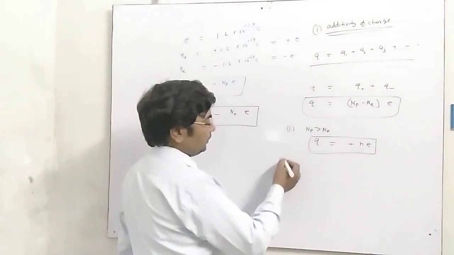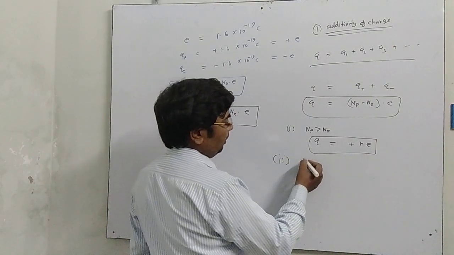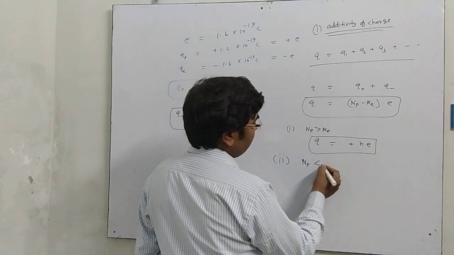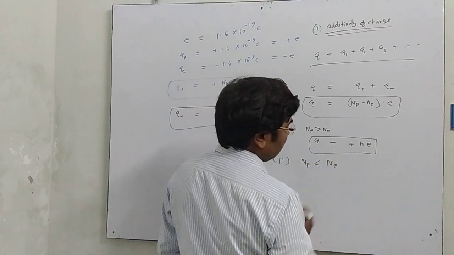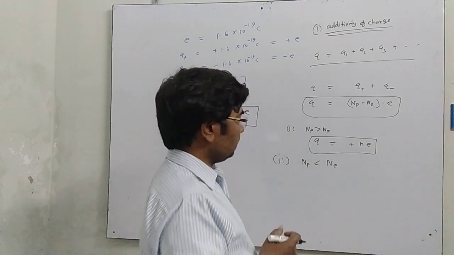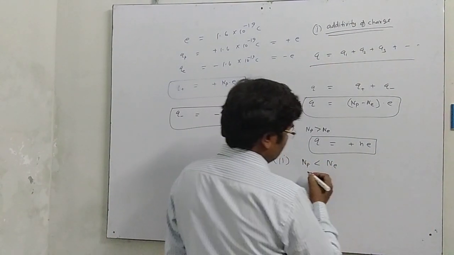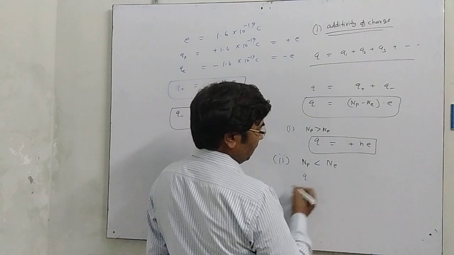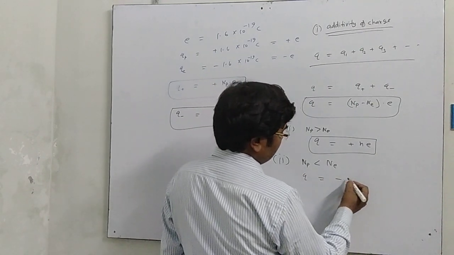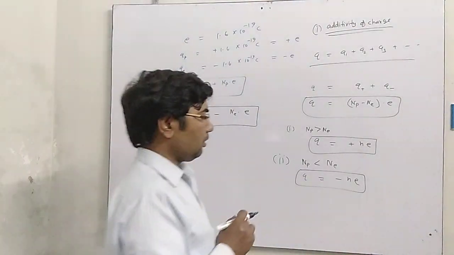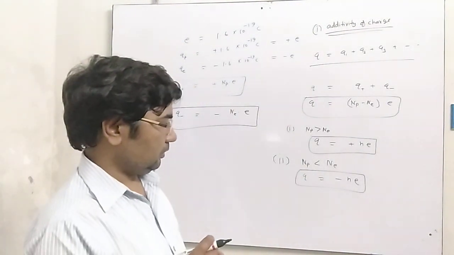Similarly, second case is when number of protons is less than the number of electrons. In this case, total amount of charge becomes negative, which is written as Q equal to minus n. Here small n is the excess number of electrons contained in the substance.